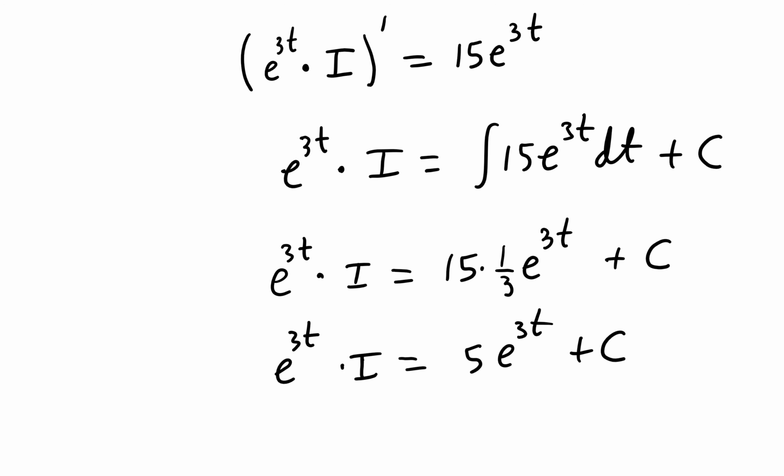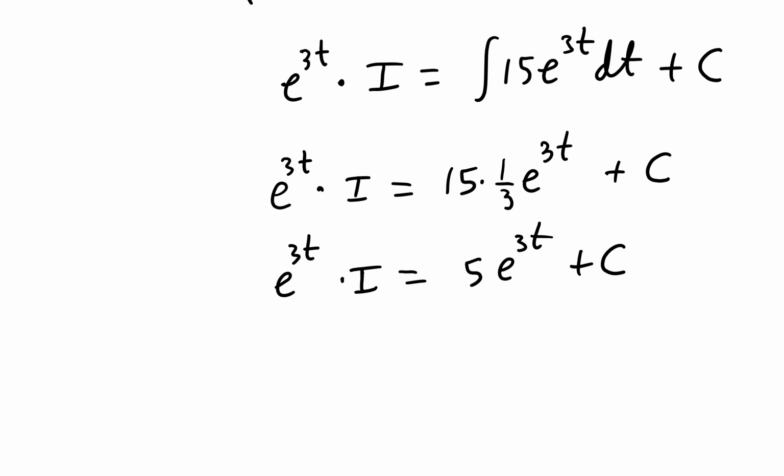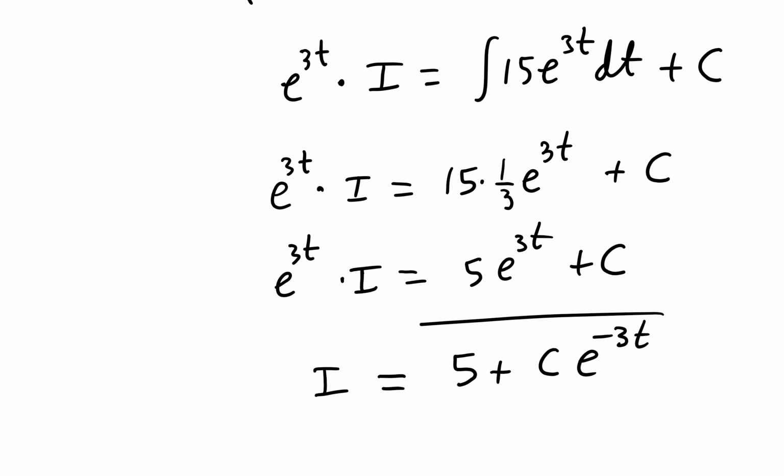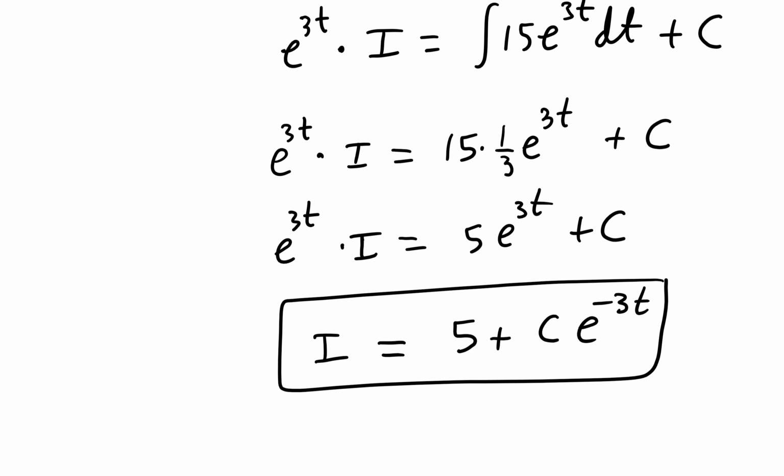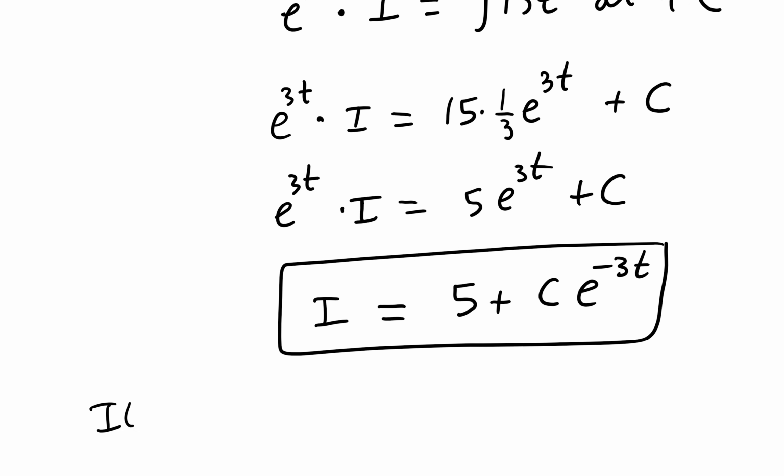Then divide both sides by e to the 3t because I want the I. So you get I equals 5 plus c e to the negative 3t. That's the I that they ask us to find. They provided us with what we call the initial condition, that I of 0 is 0. So when you plug in t equals 0, you set the answer to 0.